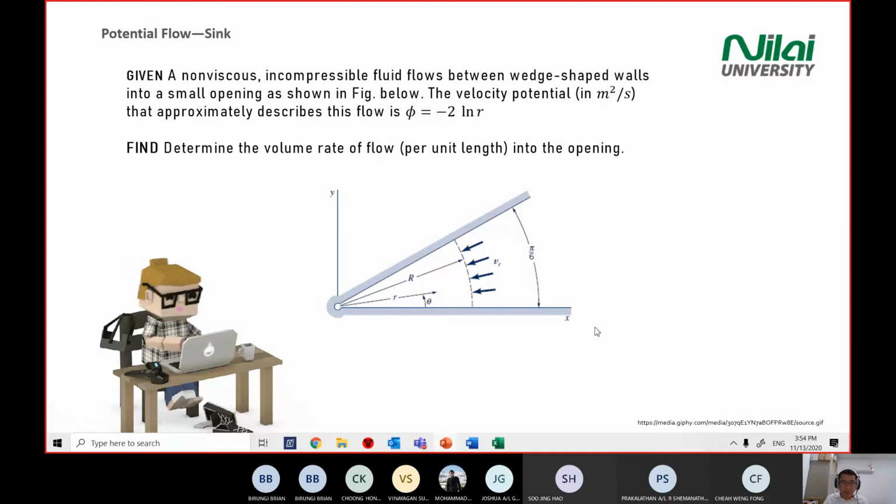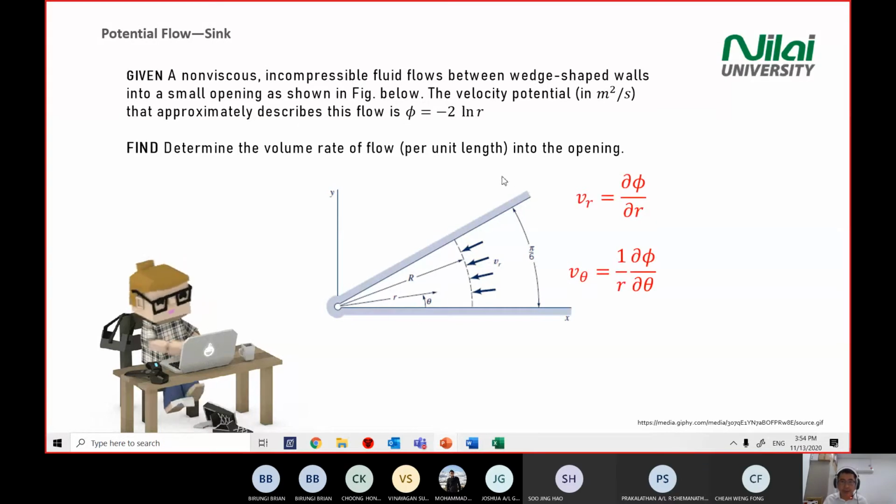Looking at this diagram, we have the x and y axes with r, and we have our velocity v_r into the origin, and the angle here is given by pi/6 radian.